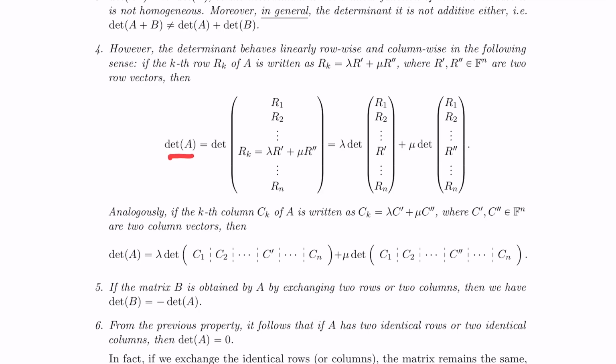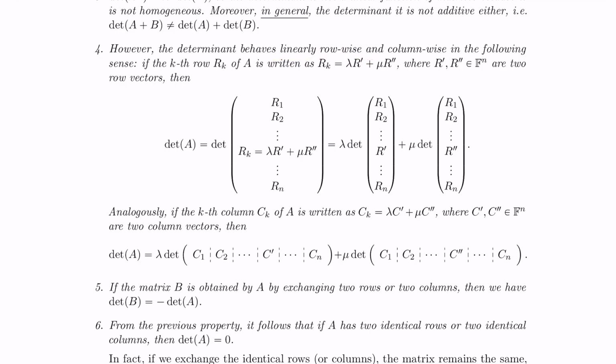The determinant of A, where Rk is written as this linear combination of row vectors, is equal to the linear combination of the determinant of the matrices that have, instead of row k, the row vector R prime and R second. This is the precise meaning of row-wise linearity.